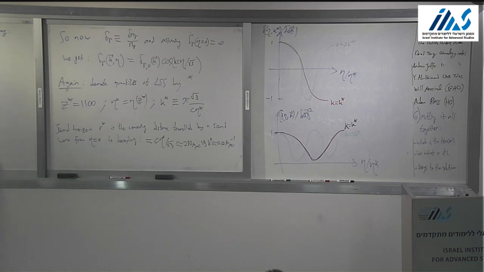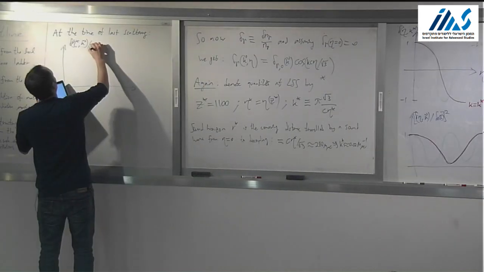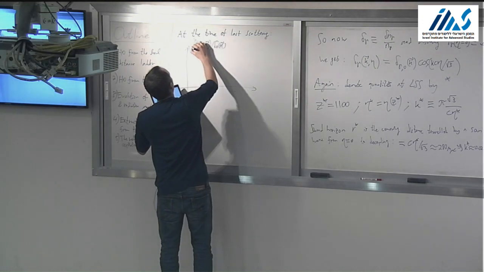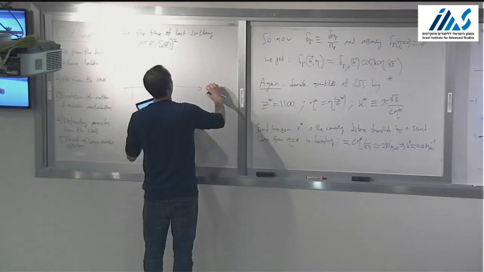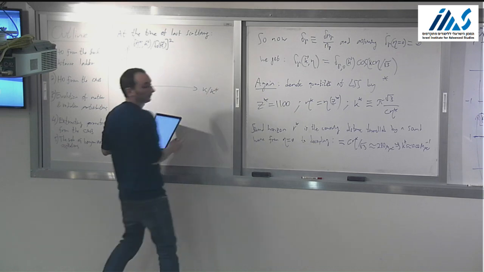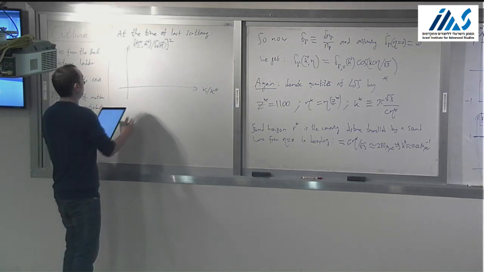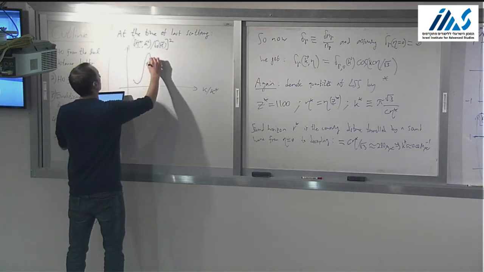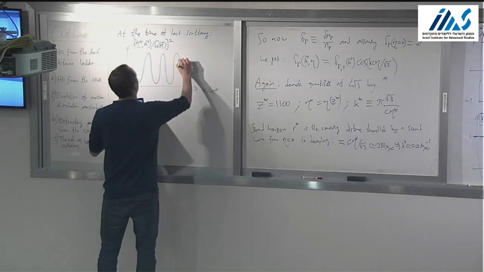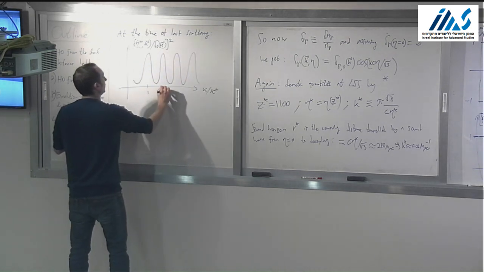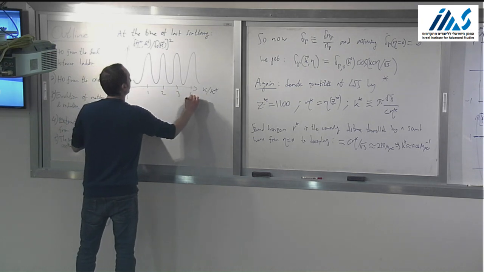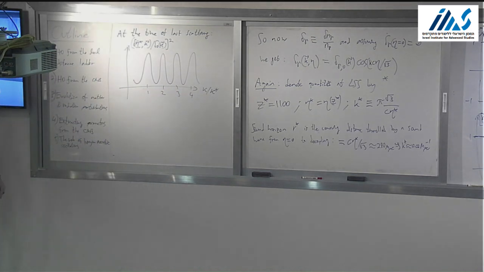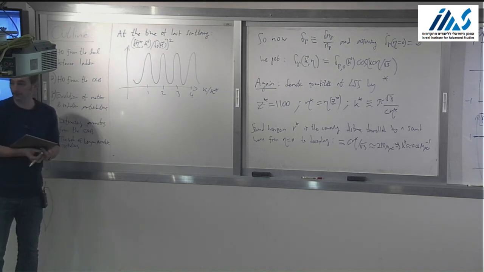Now I can plot delta at eta star and k over delta naught squared as a function of k over k star. And what I'm going to get here is something that looks like that, where this is 1, 2, 3, 4. Okay? So these are acoustic oscillations. This is what we have in the CMB.